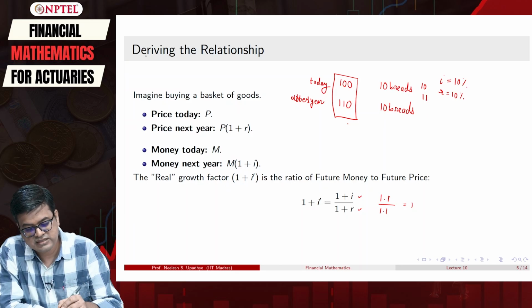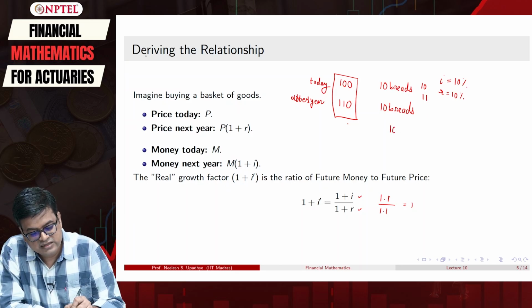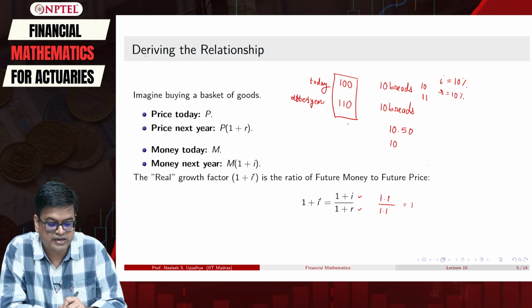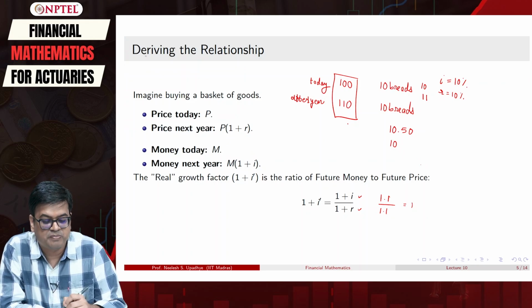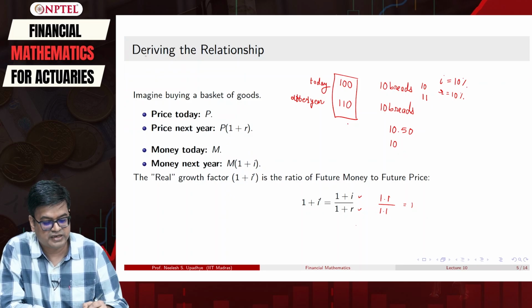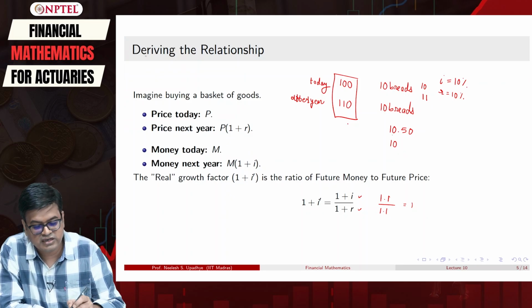Had it been the case that the cost of bread is now 10 rupees 50 paise, then for 105 I could have bought 10 breads and I could have spared some money, right. And in that case my purchasing power has increased. So let us do that calculation as well.